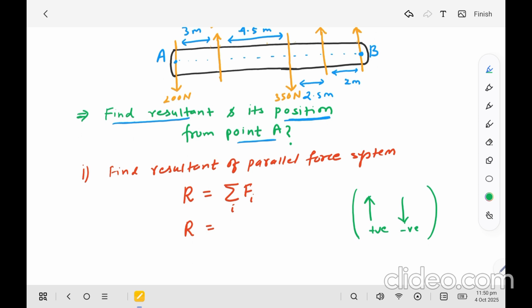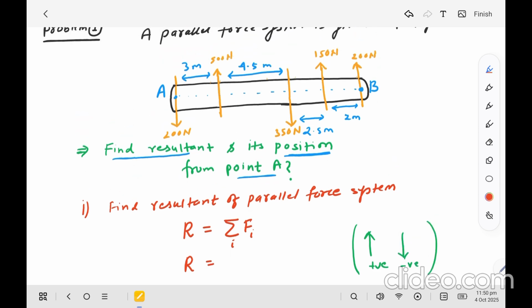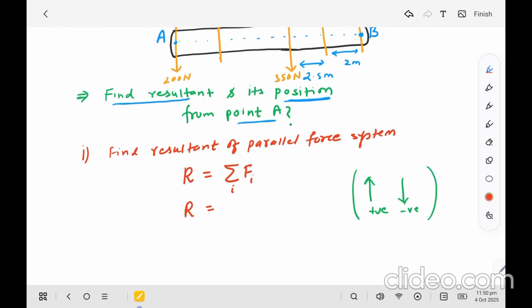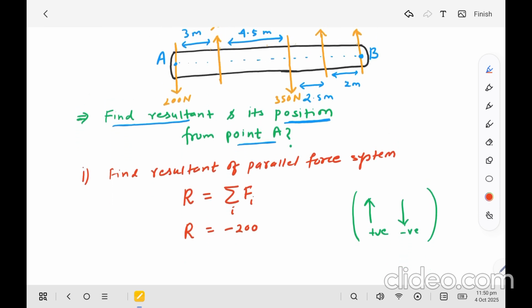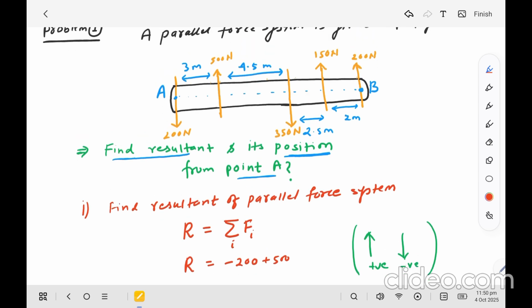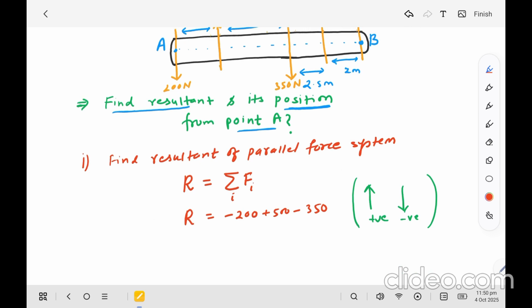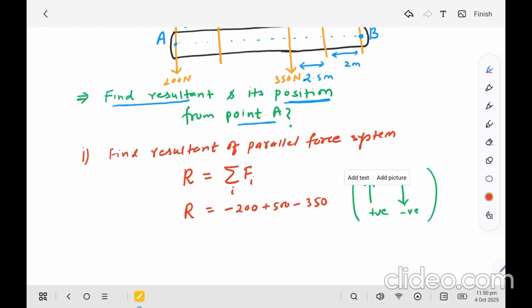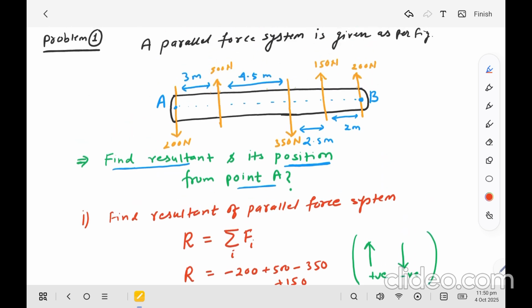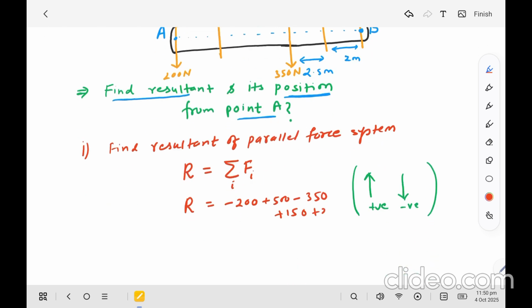So 200 is in the downward direction, so minus 200. 500 is in the plus direction. 350 is downward, minus 350. Then plus 150 and plus 200.